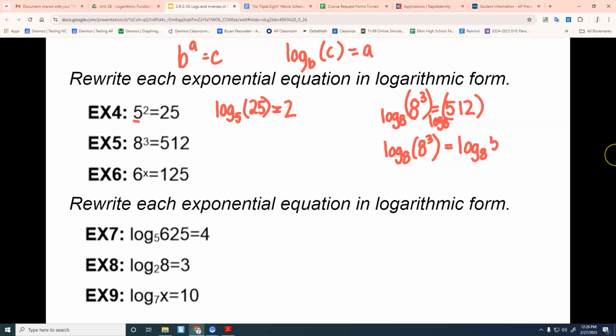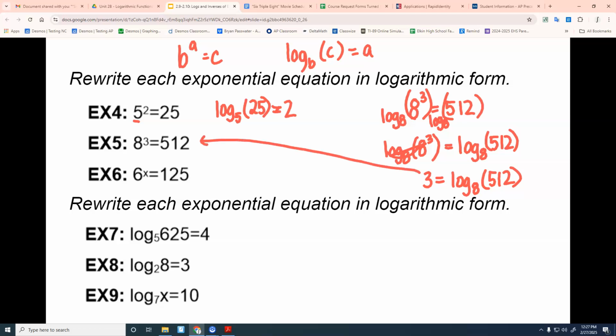So I've got log base 8 of 8 to the third equals log base 8 of 512. Well, log base 8 of 8, that just cancels out right there. So I get 3 equals log base 8 of 512, which will be my answer over here.